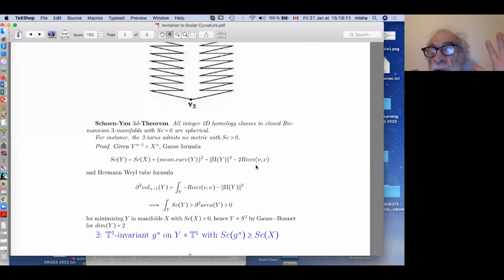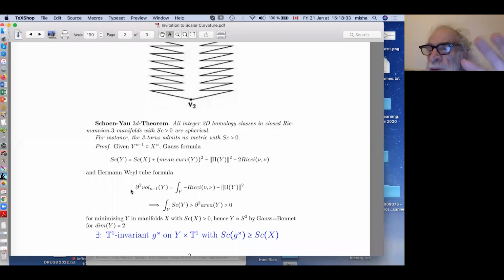What you have to know about Ricci curvature is that it enters in another formula, even older. This formula was known, I don't know to whom, maybe to Gauss in a way, or to Riemann, and it is a special case of the formula of Hermann Weyl, the tube formula. Namely, when you move a surface with zero mean curvature, which is locally minimal, in the normal direction, then because mean curvature is zero, the first derivative of the variation of area of this volume is zero. But the second derivative is non-zero, and this is the formula.